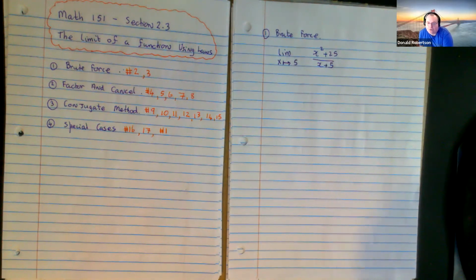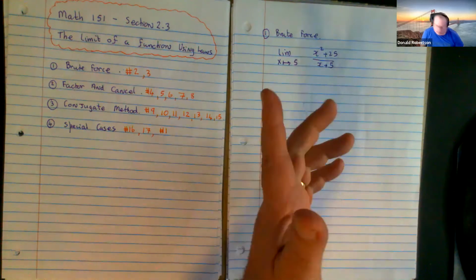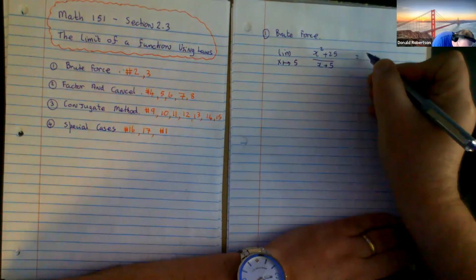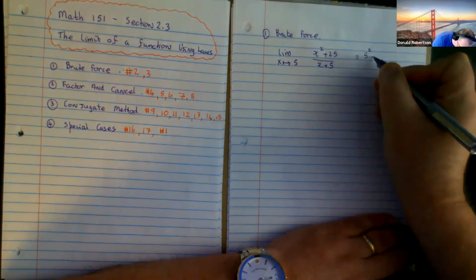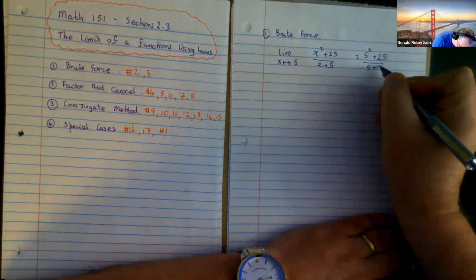In brute force, you just find the value of this expression when x is 5. If I just basically chuck it in, replace it, we get that, great.